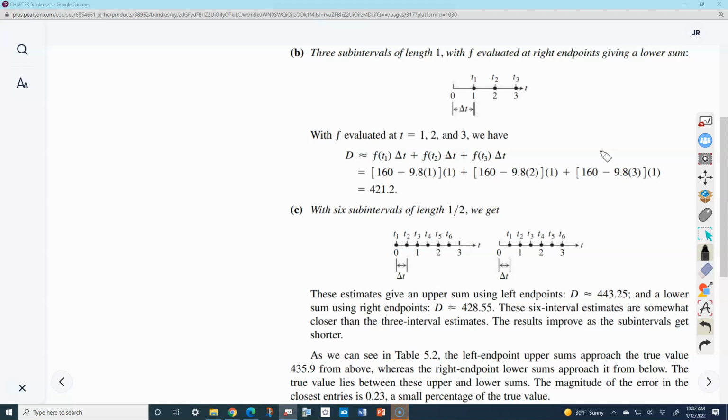If I divide it into 6 subintervals, I've got a 3-second window here. But if I divide that into 6 subintervals, what is going to be the width of each subinterval?